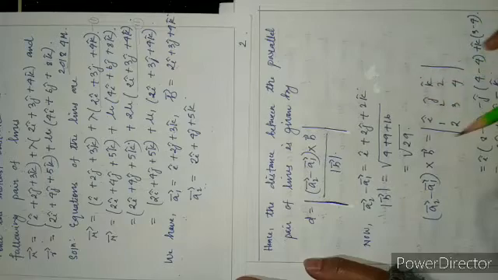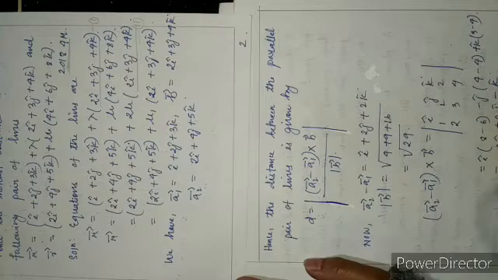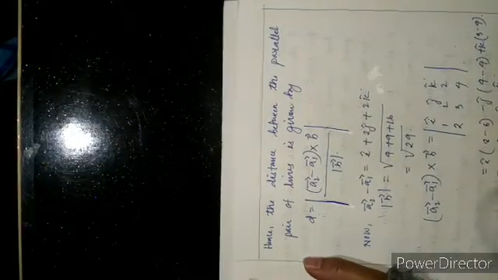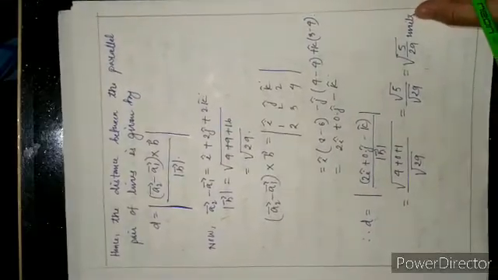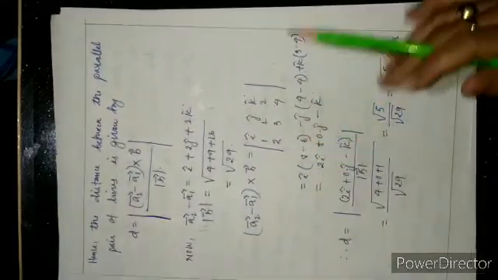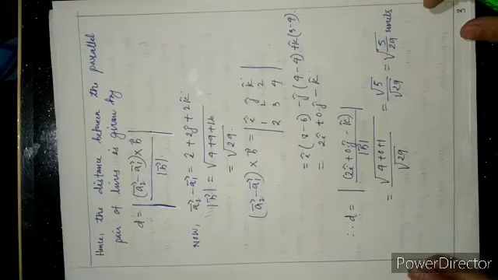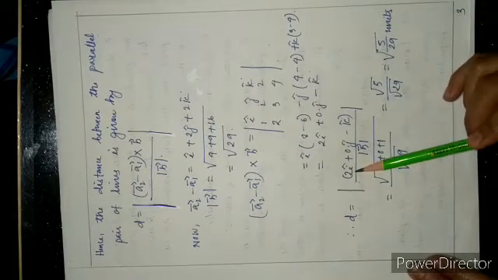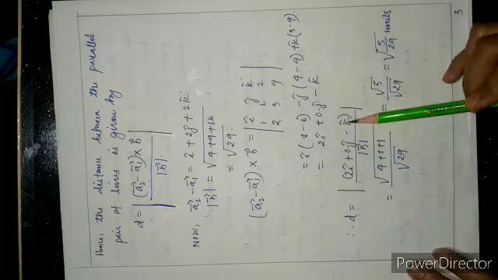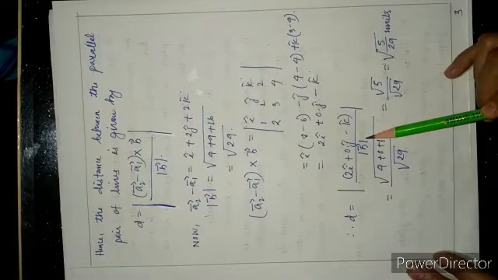Expanding, we get 2i cap plus 0 j cap minus k cap. By substituting these vectors in the given expression, d is given by the magnitude of 2i cap plus 0 j cap minus k cap divided by the magnitude of b.